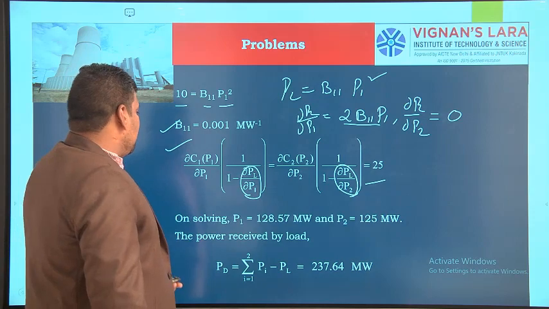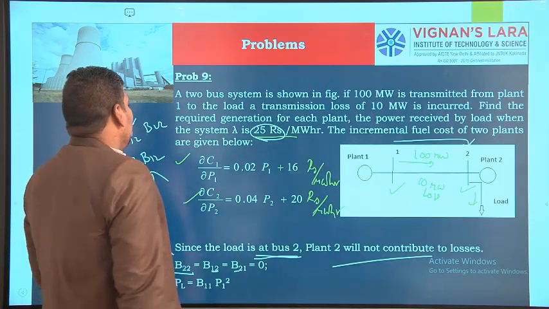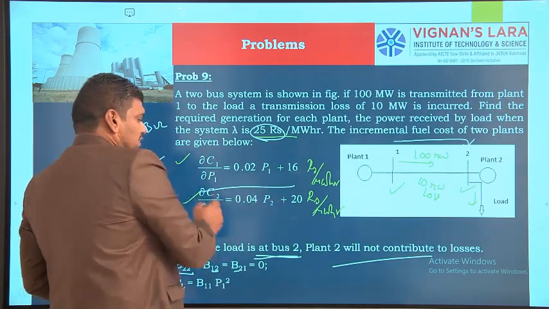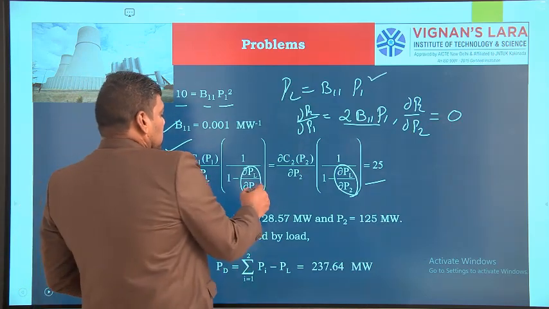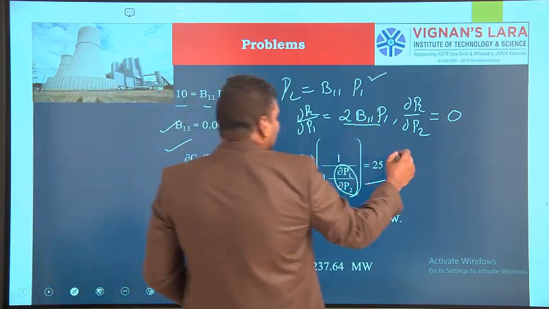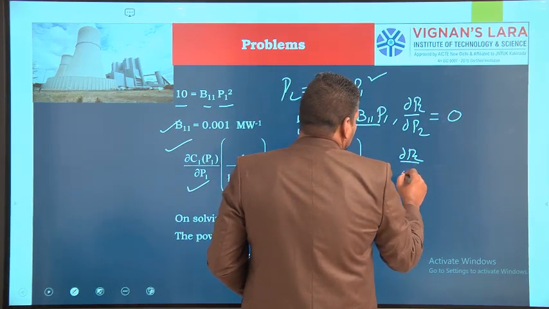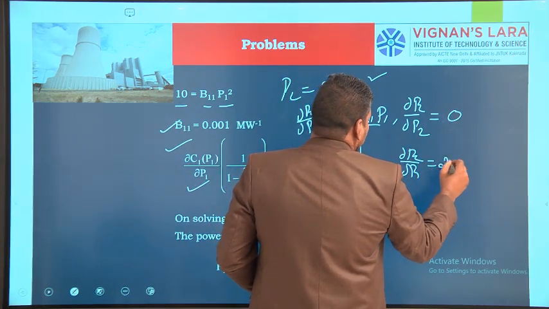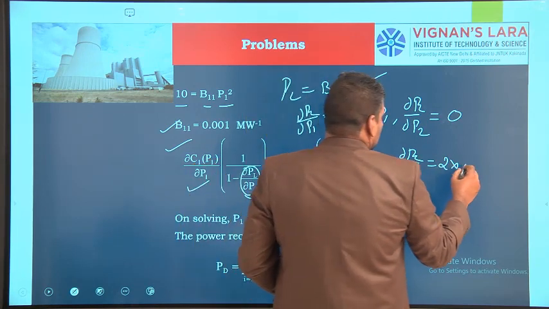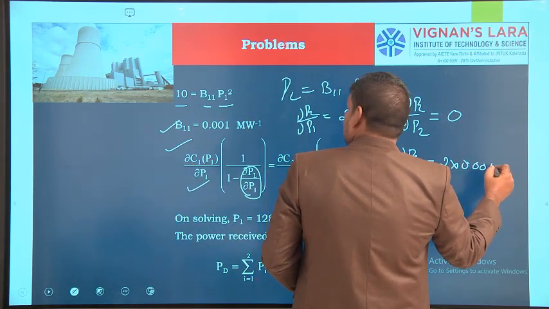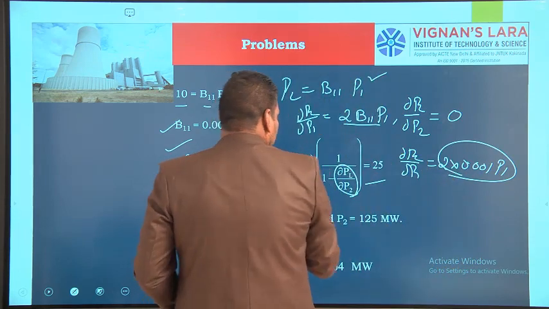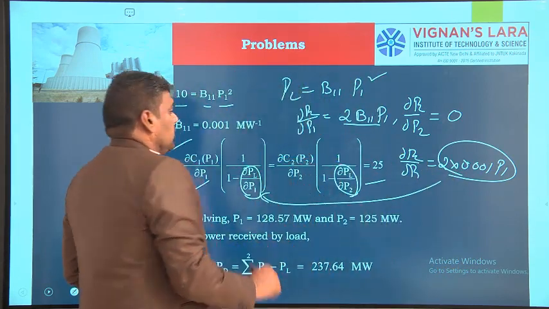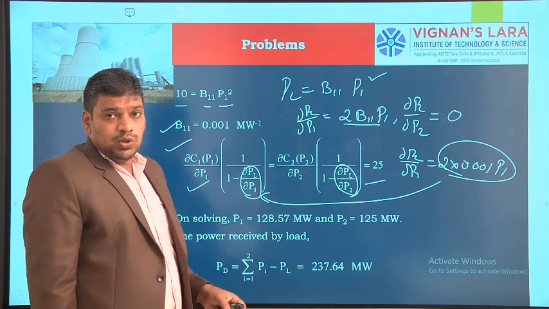After substituting, dC1 by dP1 and dC2 by dP2 are given. The value dPL by dP1 is equal to 2 into 0.001 P1. Substituting this expression, that should be equal to 25.